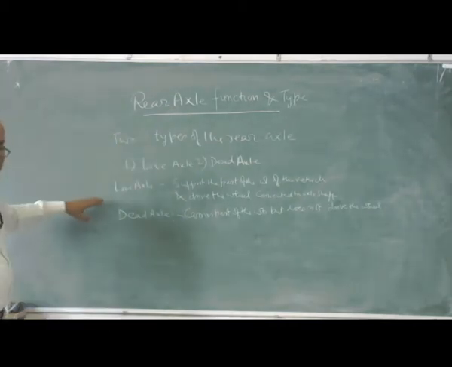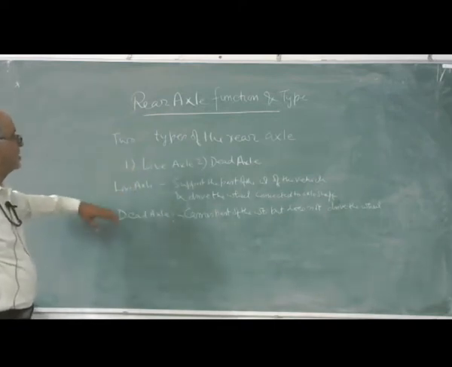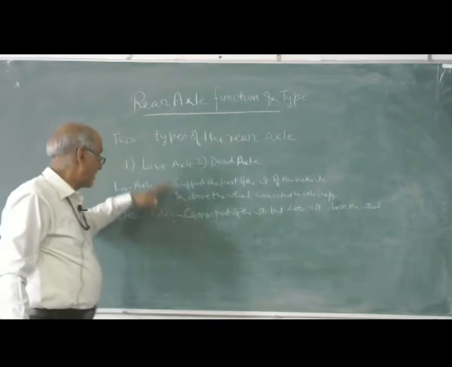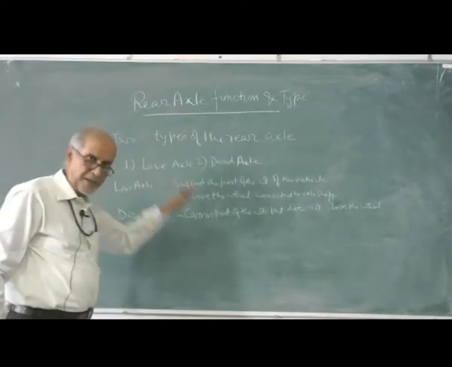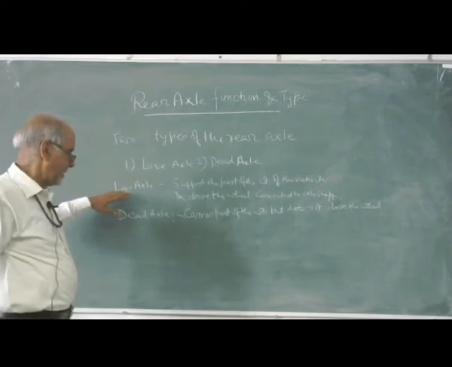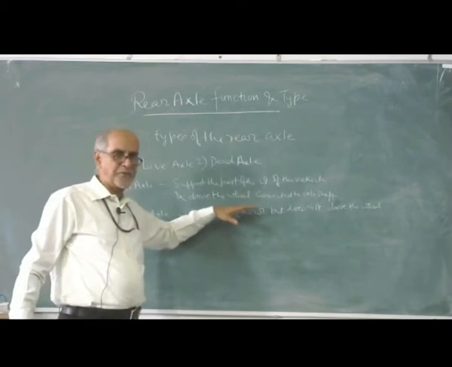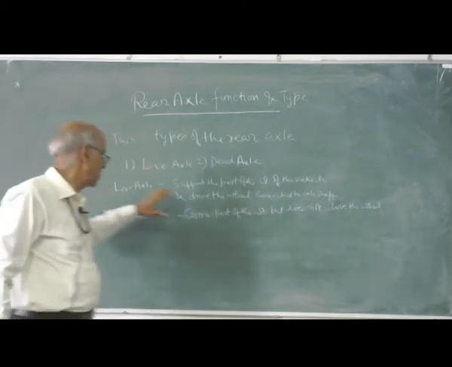Live axle means which is in function. Dead axle is which is not functioning. Live axle and dead axle, both of them support the weight of the vehicle, no doubt. Weight is taken by them, and the live axle is connected directly to the shaft of the wheel. It gives the motion to the wheel.